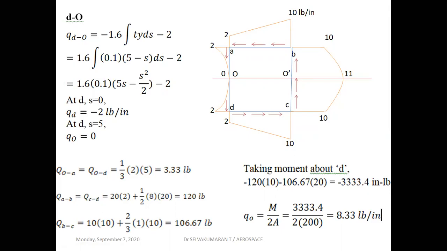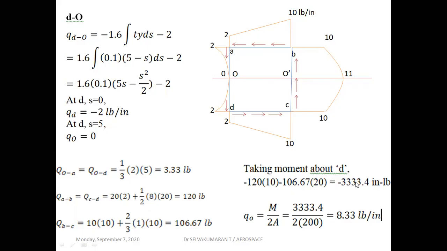Let us take moments about D. The shear forces on OA and OD will not come into the moment equation as they coincide with D. The shear force AB is 120 acting anti-clockwise, so minus 120 into 10, and QBC, 106.67 anti-clockwise, minus into 20. So this is the unbalanced moment.